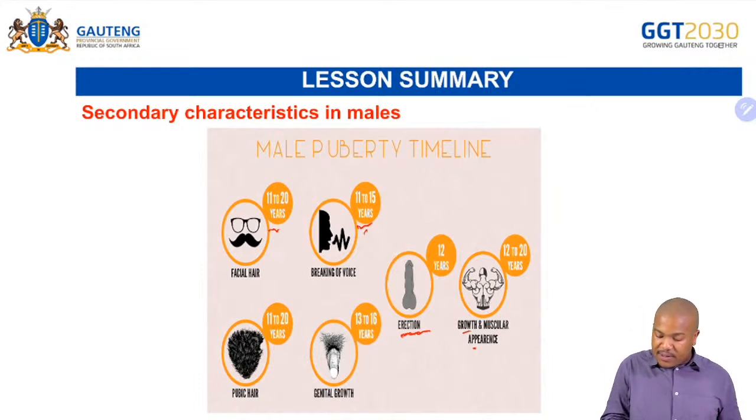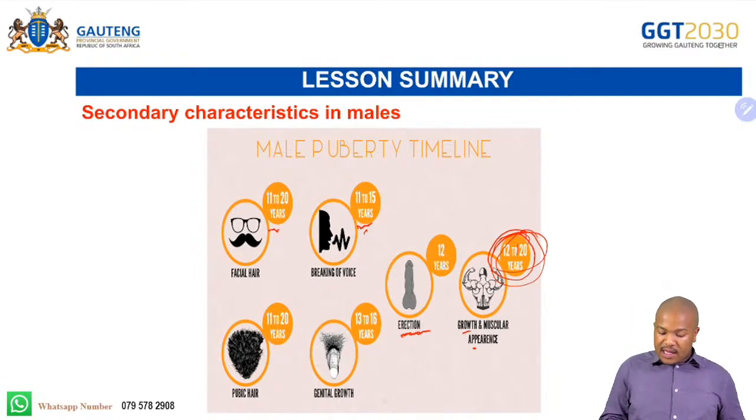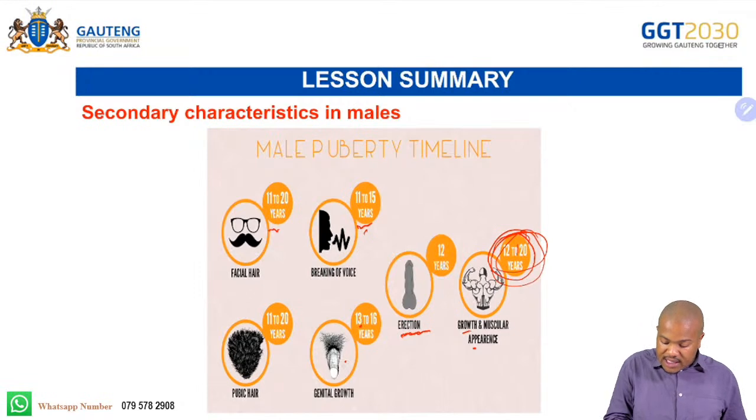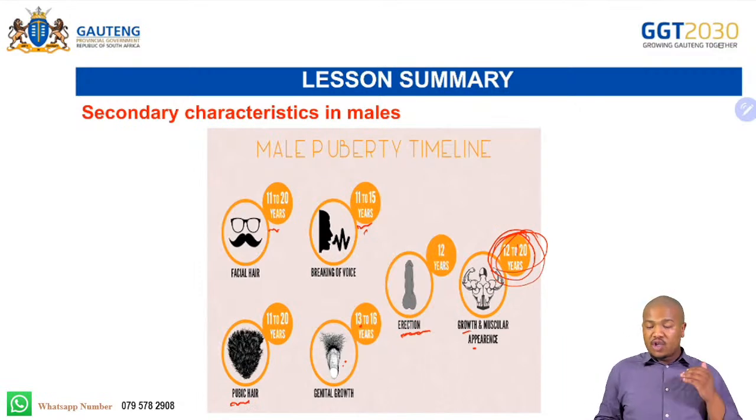Growth and muscular appearance develop at the ages of 12 to 20. At the ages of 13 to 16, the genitals grow, being your testes and the penis. Pubic hair also grows from the ages of 11 to 20.